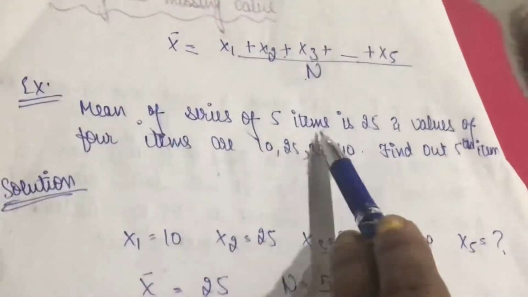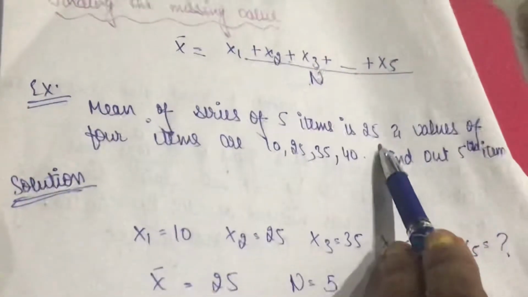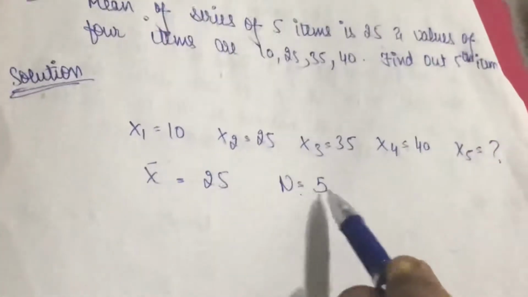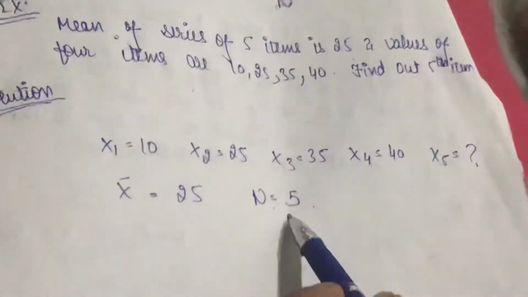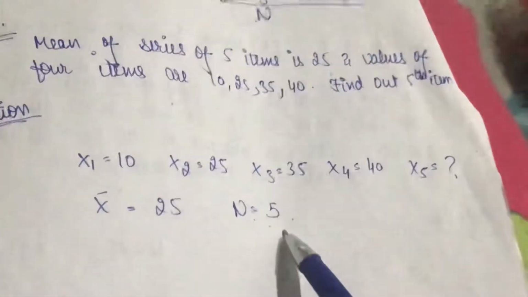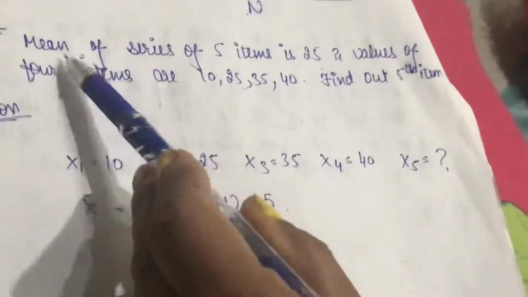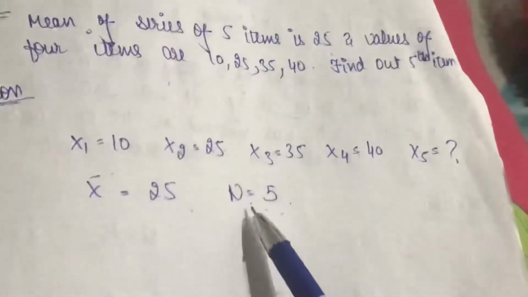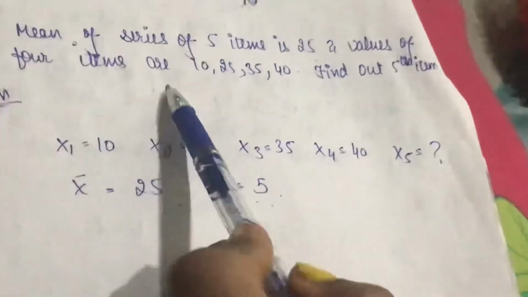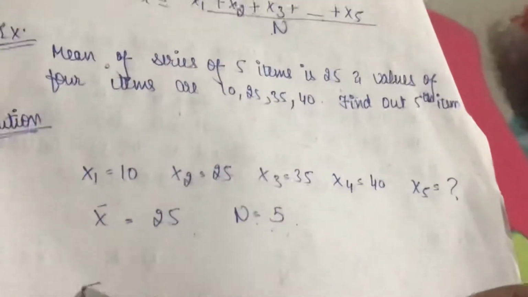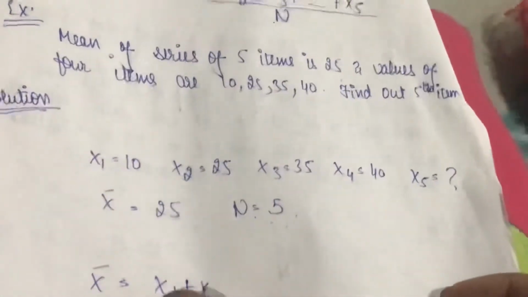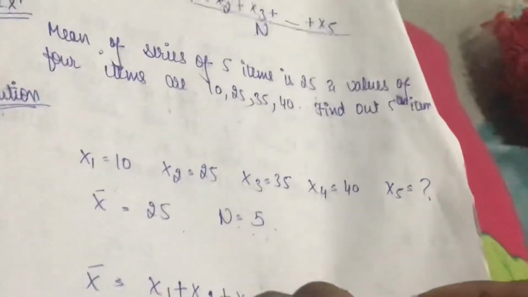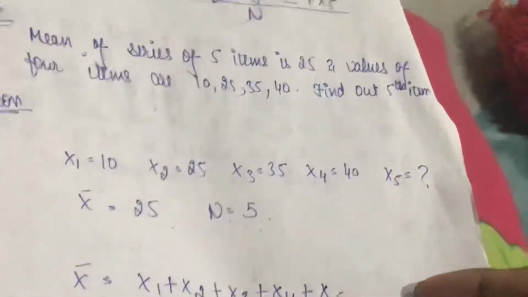Mean of a series of 5 items is 25. It means n is equal to 5 items, and mean is 25. So I can write the formula over here: x1 plus x2 plus x3 plus x4 plus x5 divided by number of items.